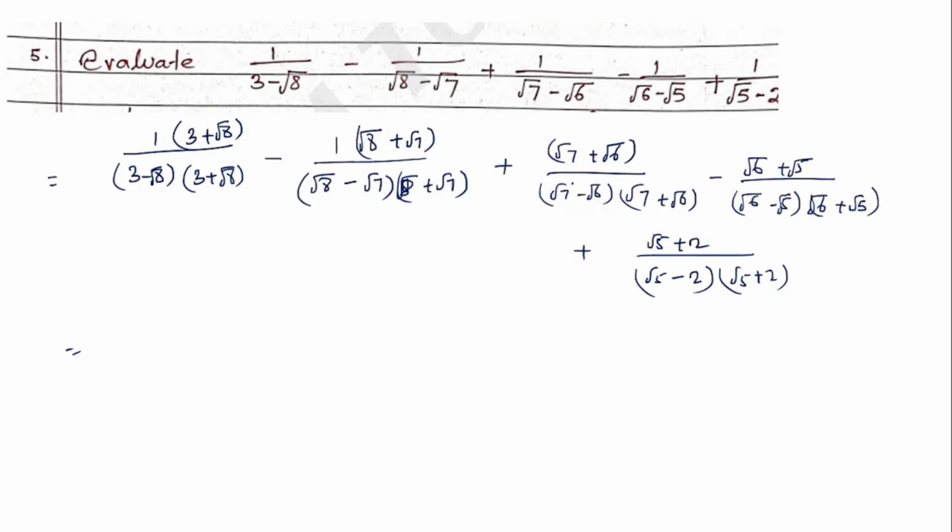Now the second step, directly put the formula. The denominator becomes a square minus b square.